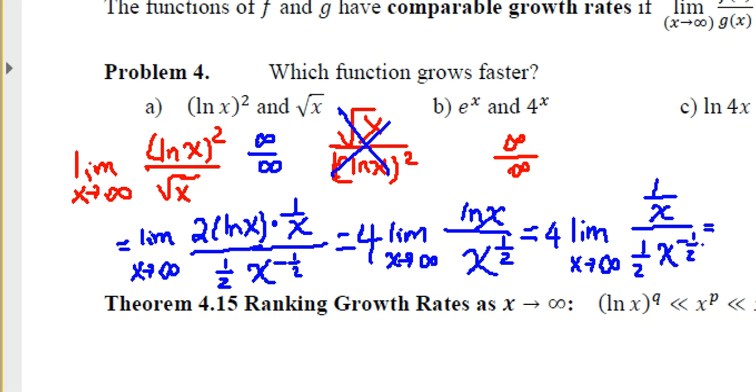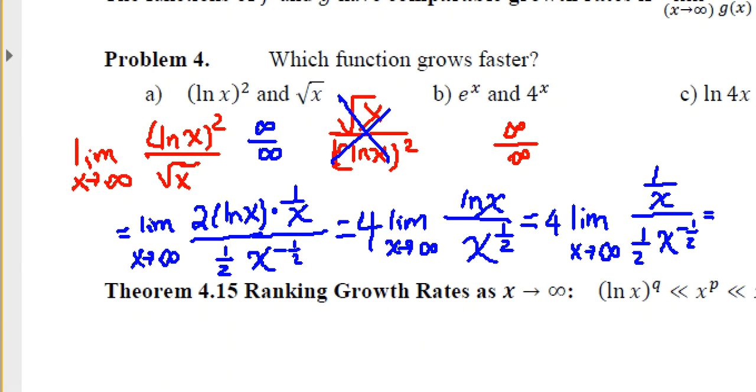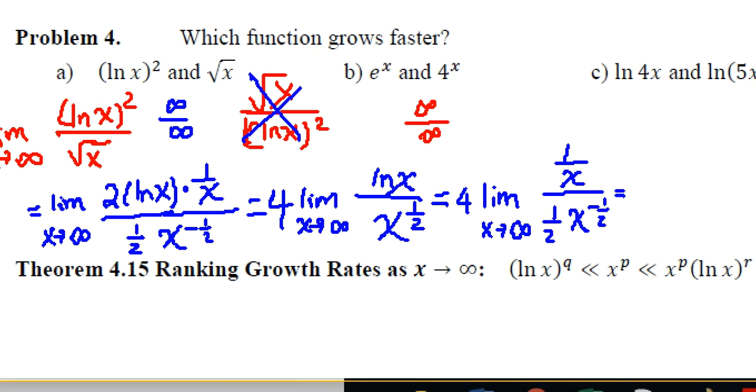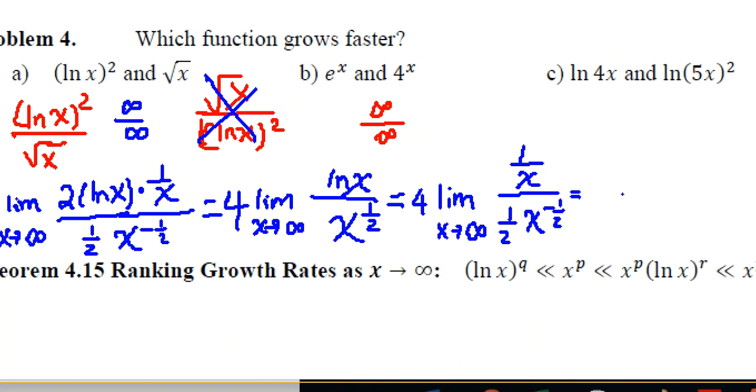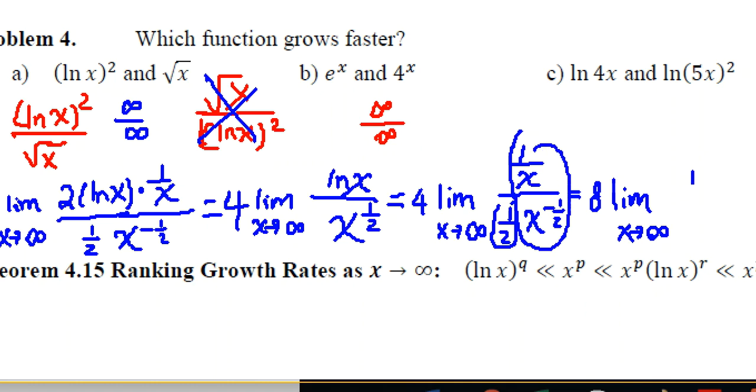And if you simplify, this is equal to 8 times the limit as x approaches infinity. Where's the 8 from? It's coming from the 1/2. On the bottom, it becomes 2, and then times 4. Now, when you simplify that, you get 1 over x raised to the power 1/2. When x is approaching infinity, this is approaching 0.